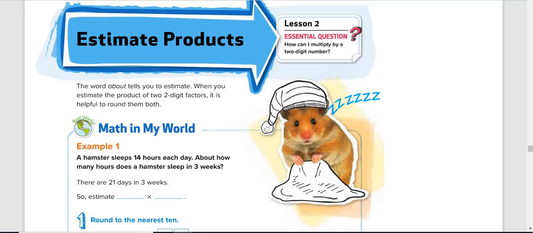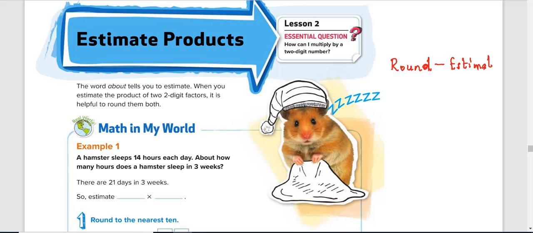Okay, so to start with, in one of our previous lessons, we learned how to round numbers. We're going to be using the idea of rounding numbers in this because rounding and estimating are the same thing.